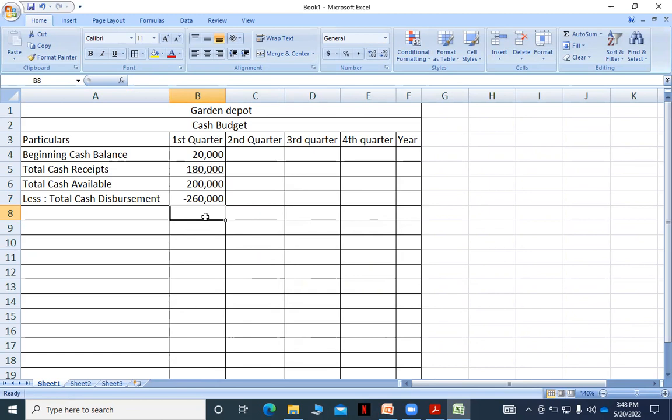So here you see, you have total cash available of 2 lakh, but total cash disbursement is 2 lakh 60. So that means your cash available after disbursement is 60,000, and this is a minus figure. This is what we call cash available after disbursement.